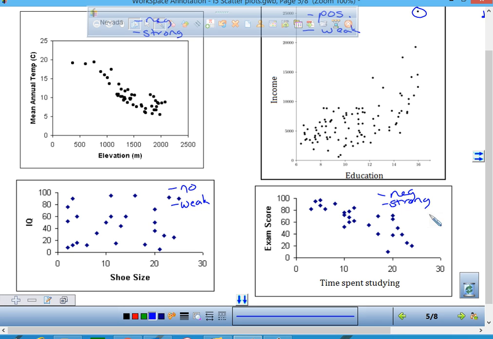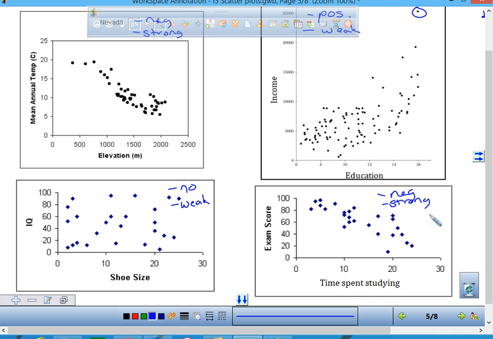Here's my other thing. We're going to go back and talk about this. What are my two variables in that first graph? Okay. What do they represent? Annual temperature, average temperature. So you have elevation and average temperature.